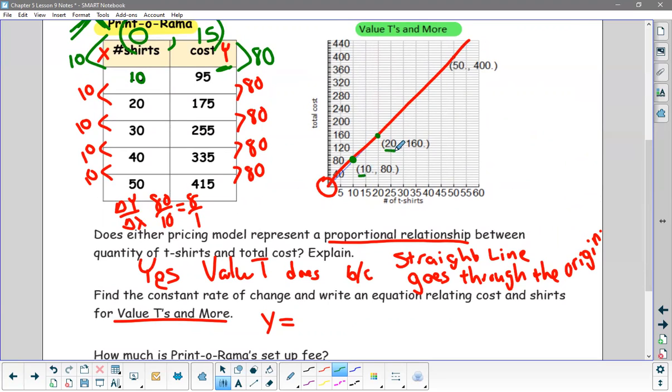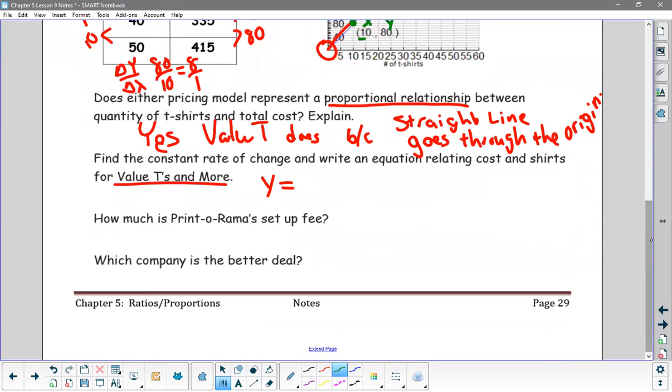The x's went from 10 to 20, so the x's changed by 10. The y's changed from 80 to 160, so it changed by 80. So change in y over change in x was 80 over 10, which is really just 8. So my formula is y equals 8x.